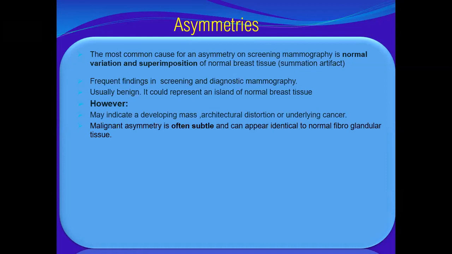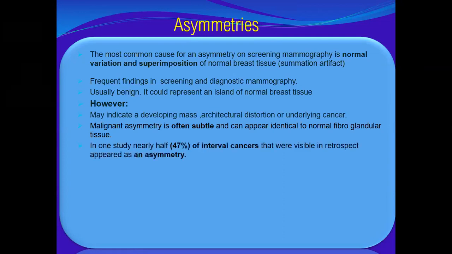However, as we mentioned before, it may indicate a developing mass, architectural distortion, or even underlying cancer. Malignant asymmetry is often subtle and can appear identical to normal fibroglandular tissue. So we have to be cautious. We have to be aware of this.